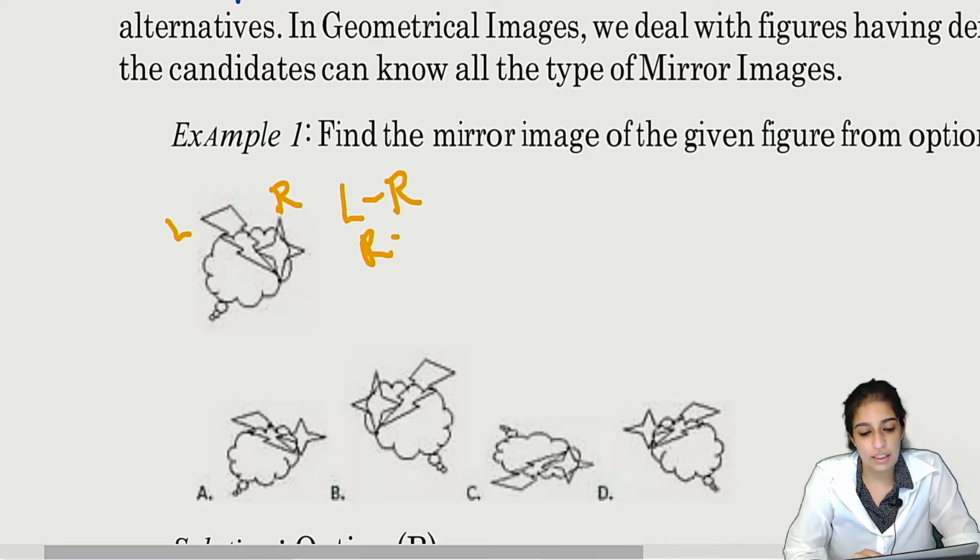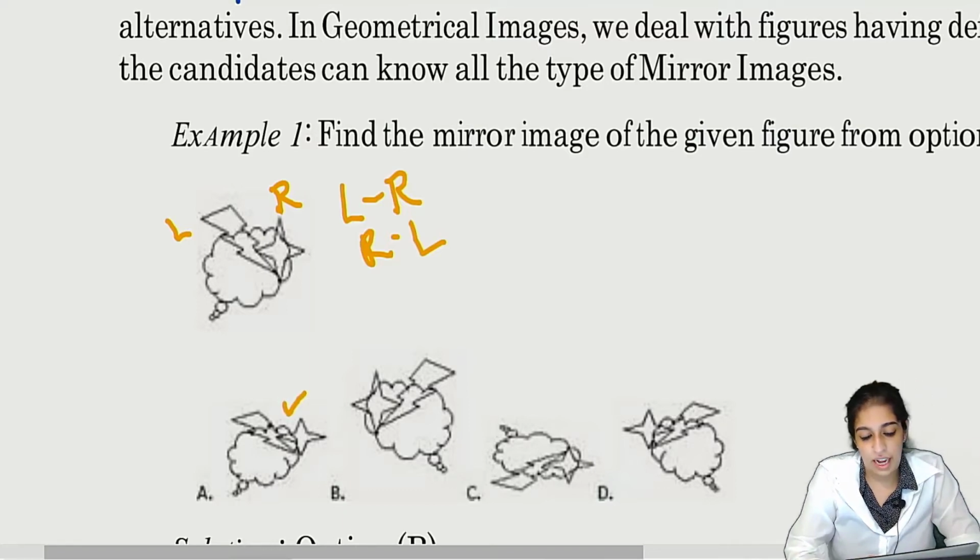If you see in the first image, the star is still on the right, so it cannot be A. Okay, B maybe it can be, C it cannot be, D it can be. We are just looking at the star, based on what we see.